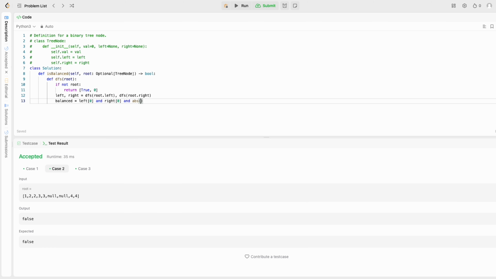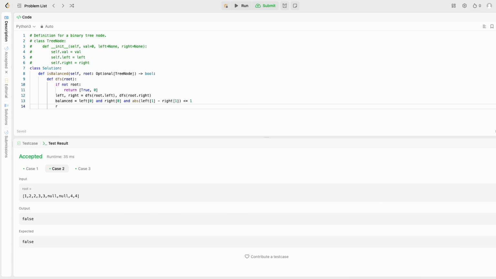The absolute value of the difference of the left height from the right height, and the height is at tuple index 1, right? So if it is less than or equal to 1, and if this evaluates to false, then we know through the properties of AND that balanced will be false, because true and true and false will evaluate to false.